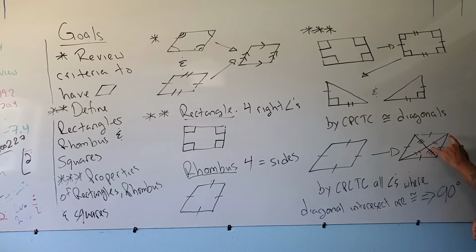This length is the same as that length, so that diagonal got bisected. And what's important here is I actually have four identical triangles, because of side-side-side. So this little triangle is the same as this little triangle, that's the same as that little triangle, and that's the same as that little triangle.